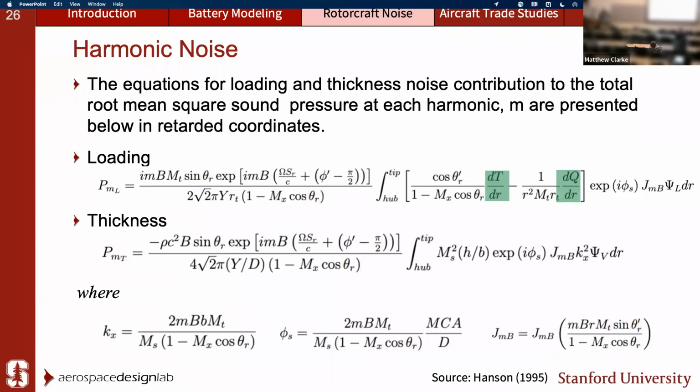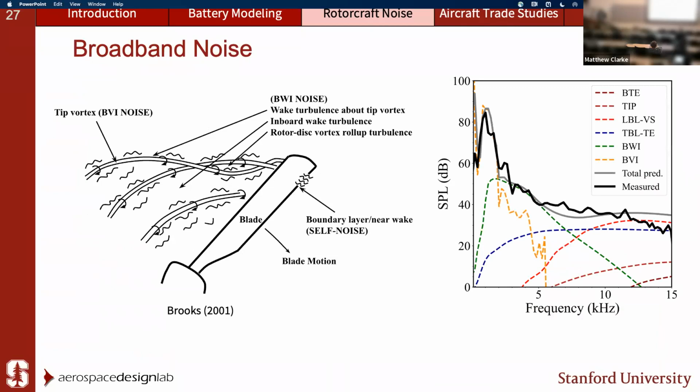For the loading noise, we have the differential thrust and differential torque. Kx here is just the wave number of the sound. Phi of S captured the fact that for blades that are swept, you can actually dephase the noise to increase the energy in the spectrum. And then lastly, Jm is just the Bessel function of the first order that comes about, like I mentioned, when you convert that first equation to the frequency domain.